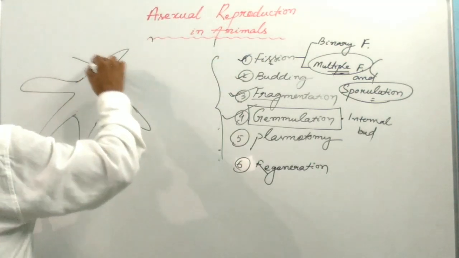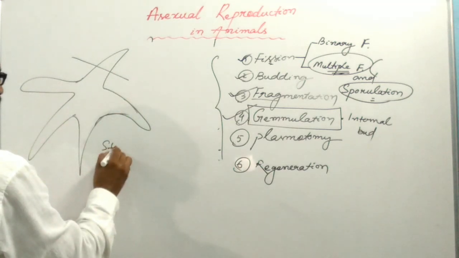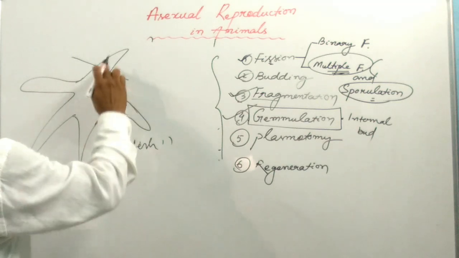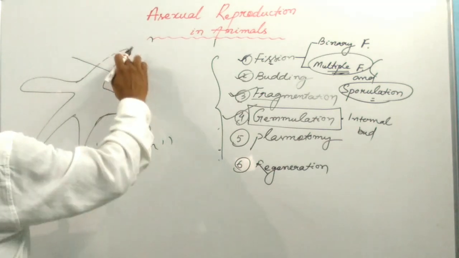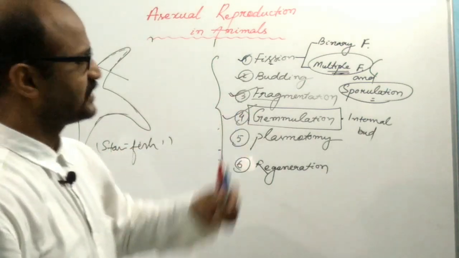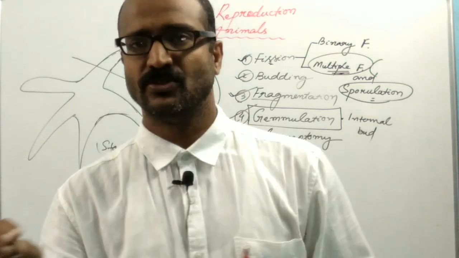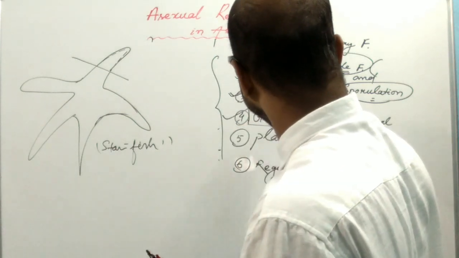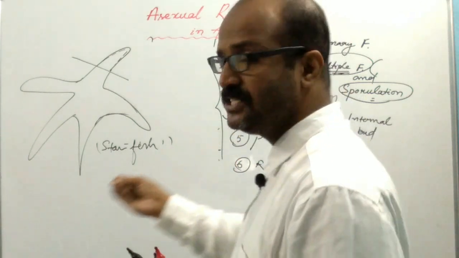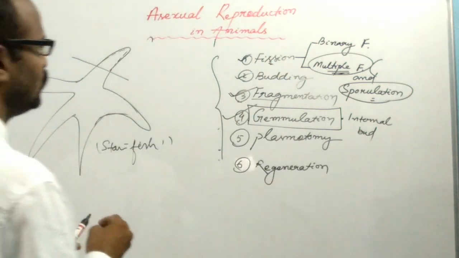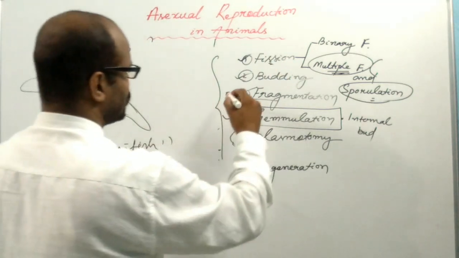If you remove the arm of a starfish, then it is regenerated and develops again. This process is known as fragmentation. If a piece of body is lost, which is regenerated by the division of the cell, this is known as fragmentation.